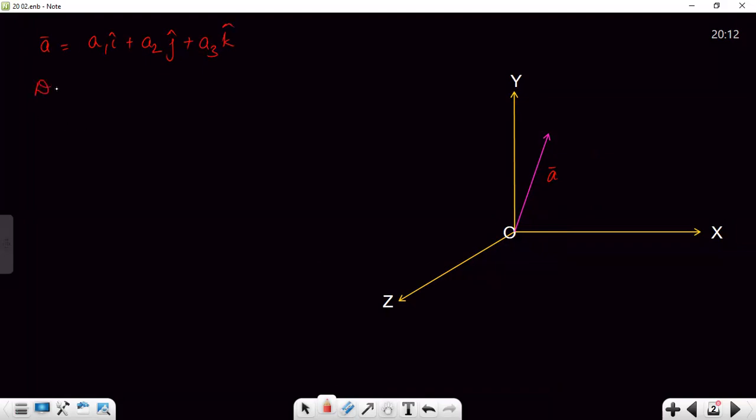Its direction ratios are basically its coefficients A1, A2, and A3. So we are talking about direction in some sense. They will be giving us the direction.